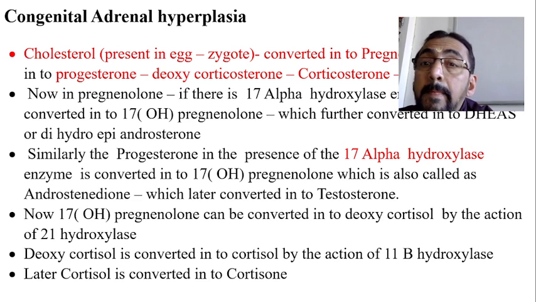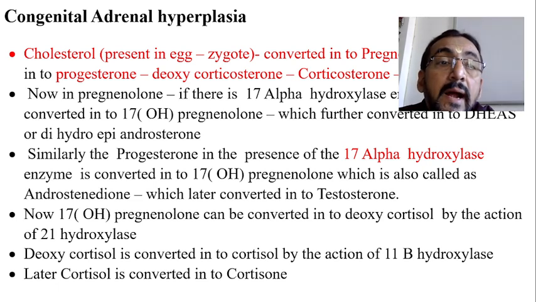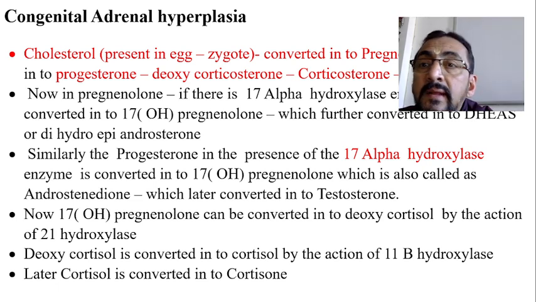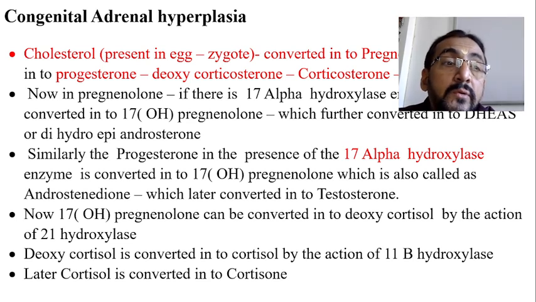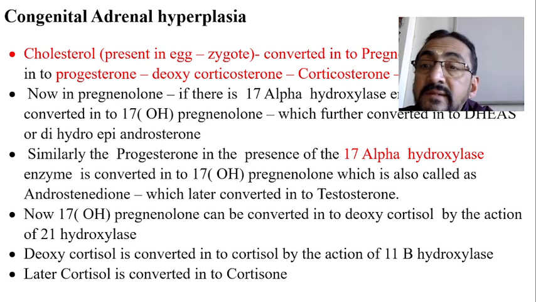The pregnenolone which is formed first, if there is 17 alpha hydroxylase enzyme, then it is converted into 17 OH pregnenolone, which is further converted into DHEA, dehydroepiandrosterone.